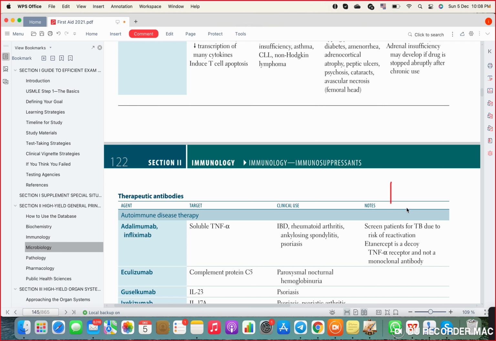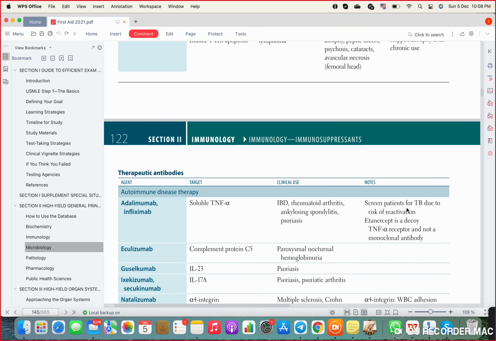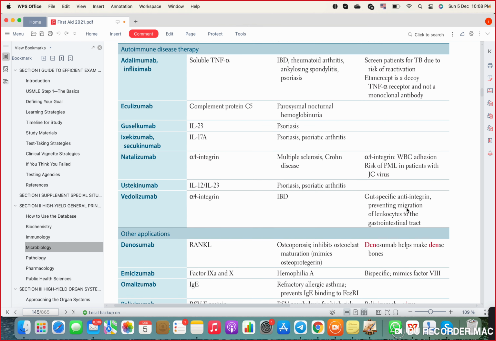It's hepatitis B. It can lead to reactivation of latent hepatitis B. Yep, I did not know about this until a person told me that he got it on his test. Reactivation of TB and Hep B.